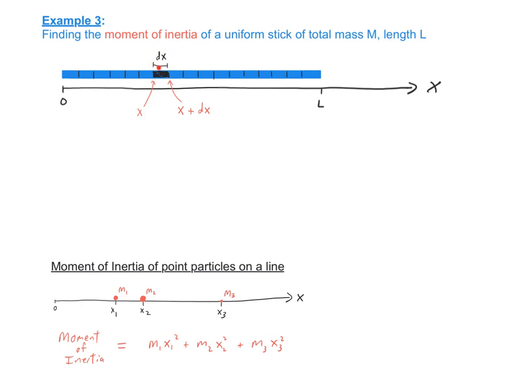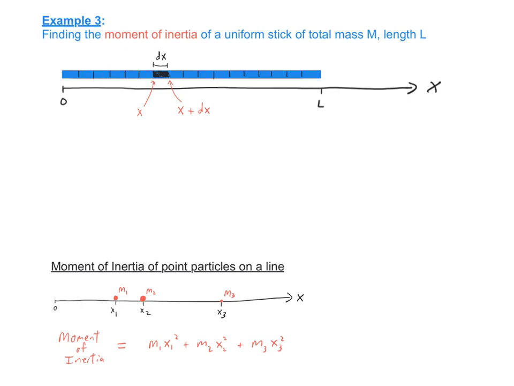Or in other words, think of dx as the length or the width of that little segment. So our philosophy is we're taking this stick, we're chopping it up into a bunch of these tiny little segments. Each little segment is like a little particle. So we effectively have a bunch of little particles, but we know how to find the moment of inertia of a bunch of little particles. So that's how we're going to find the moment of inertia of this stick, through this chopping it up procedure.